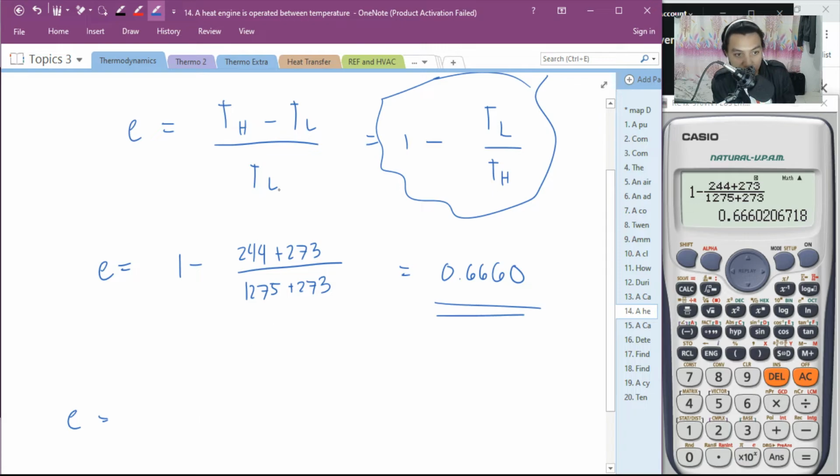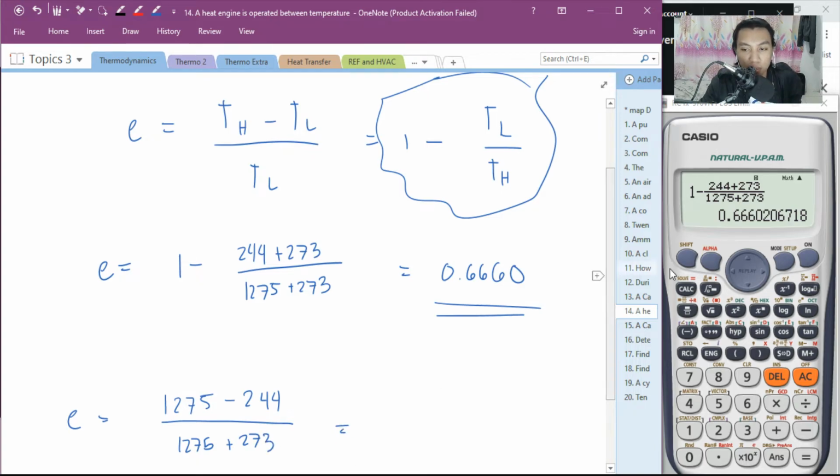Paano naman kapag sinolve mo yung ito gamit yung nasa taas, TH minus TL? Since that is change in temperature, hindi mo na kailangan to i-absolute. So, as is, 1275 minus 244. Ang baba na lang ang lalagyan mo ng absolute. So, 1275 plus 273.